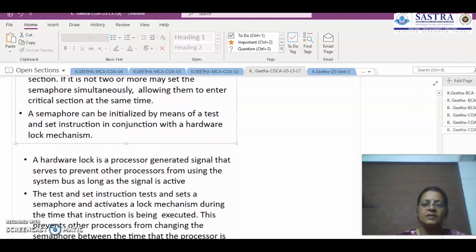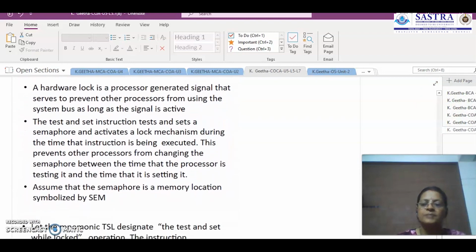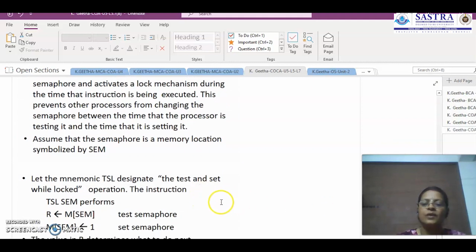What this instruction does is, the test and set while locked operation will first test the status. To test the status, it has to read the memory variable m of sem, and after testing, if it is 0, it means it is not in use. Then whoever wants to use that critical section will set that semaphore value to 1. So it will test for free, and if it is free, it will set it and then use it.